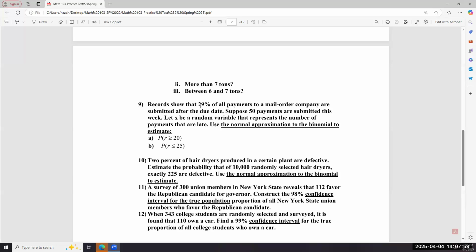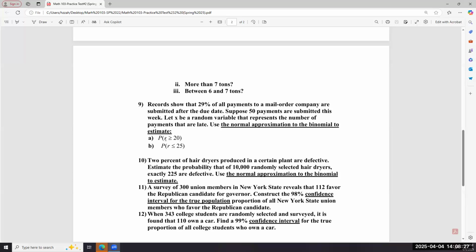So what we do, we are going to pick a sample of 50 payments, and we want to answer the following probability question. What is the probability that more than 20%, this must be the same symbol, but we're going to change them, either X or R. I'm going to tell you why.